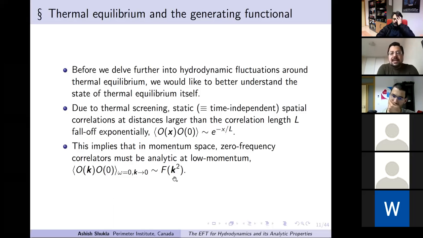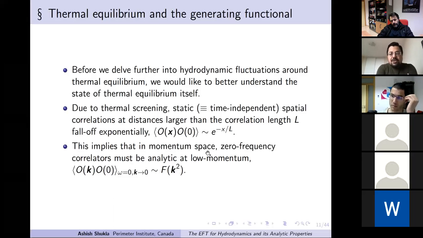So they are analytic in k². In particular, there are no fractional powers of k². So there won't be a |k|³ or something like that, or log of |k|. The functions have to be analytic, and this is pretty easy to check by doing a Fourier transformation.